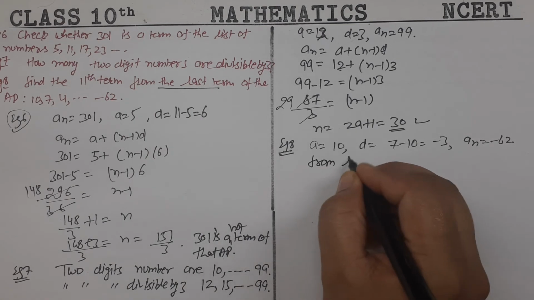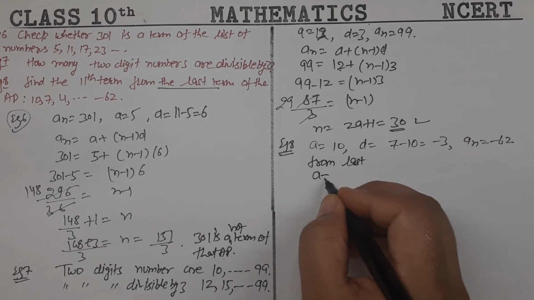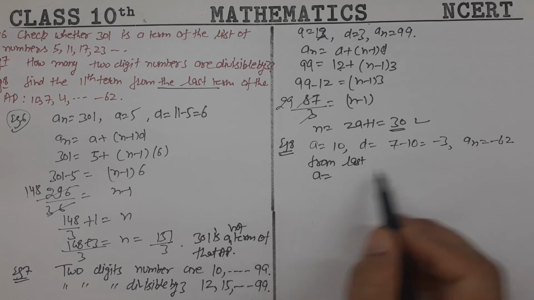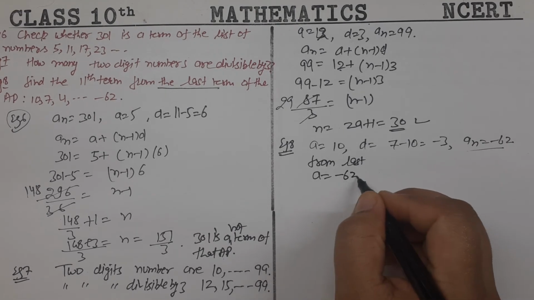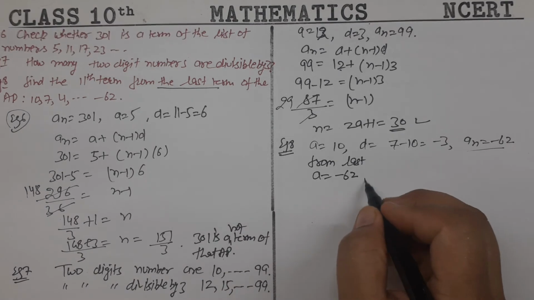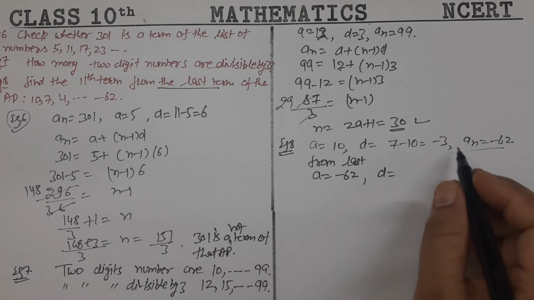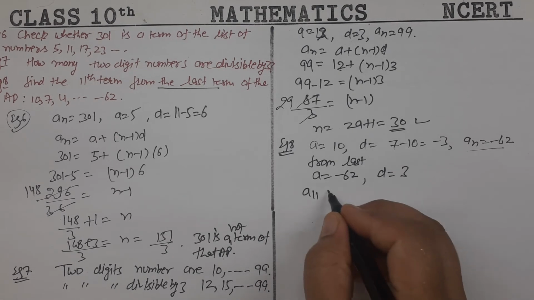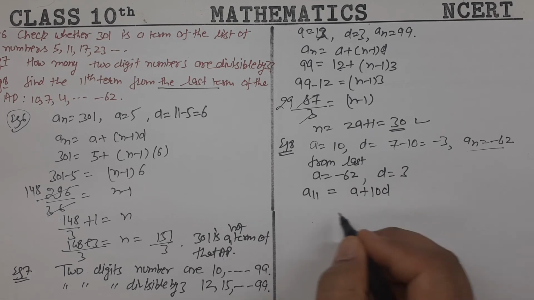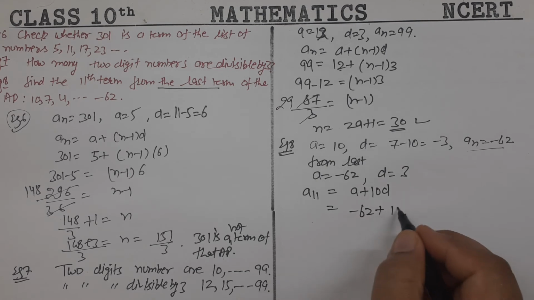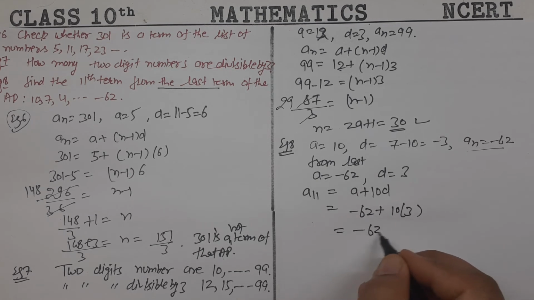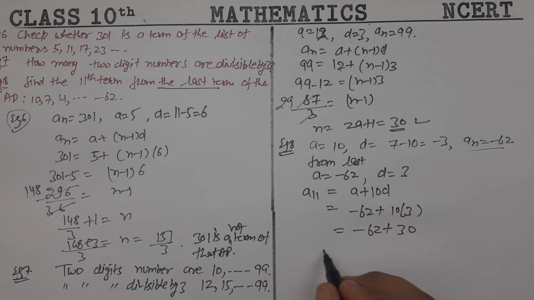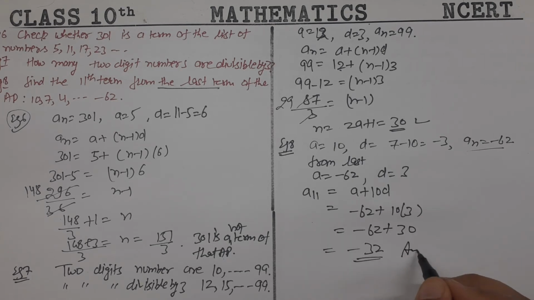Right, from the last, then in the AP, A is minus 62. D, change the sign, becomes positive 3. Now A11 is A plus 10D, 10 into 3, 30. After solving, we have minus 32, which is the 11th term from the last.